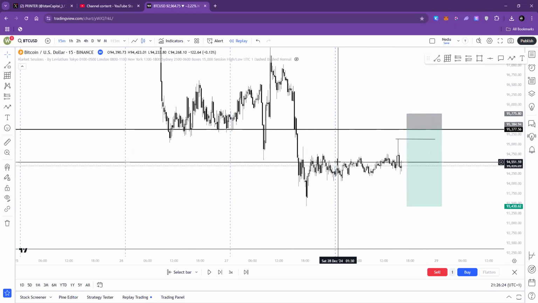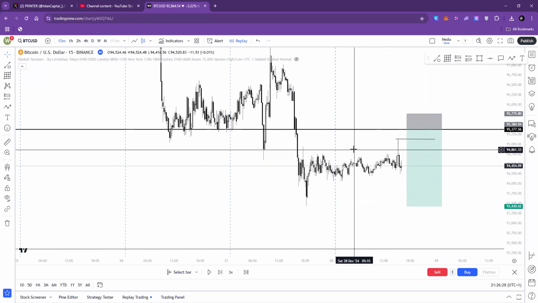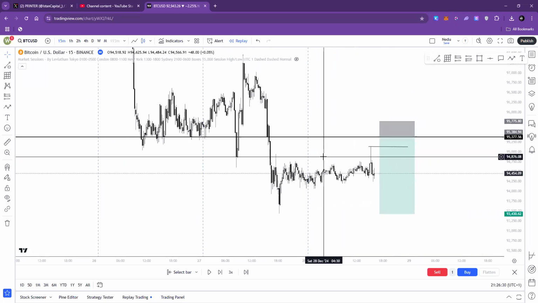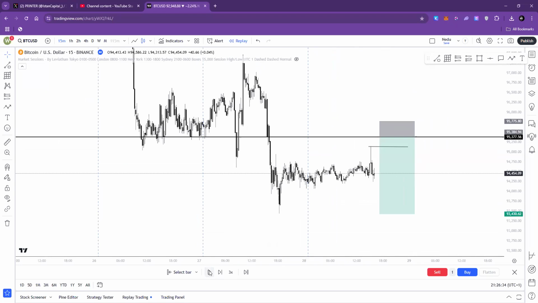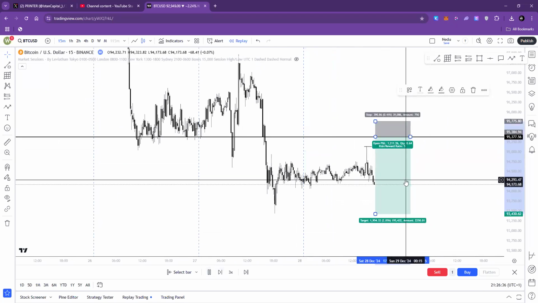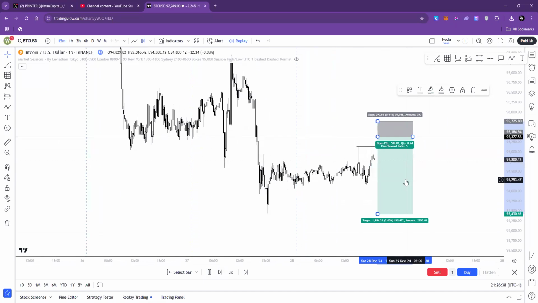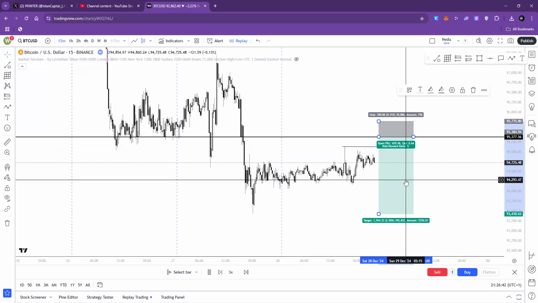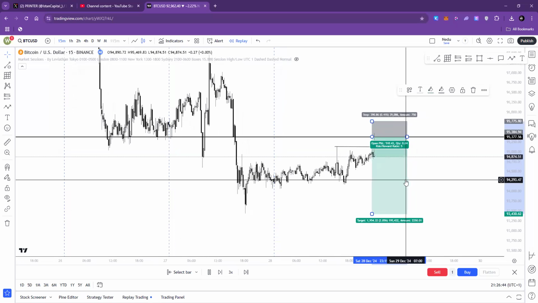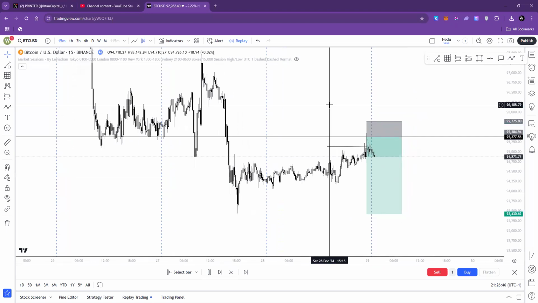If you are risking $100 on this trade, you're going to be making a return of $500. This is how trading is. You need to have patience. Let me just play it forward now. All right, we've been triggered.